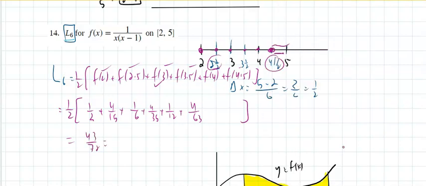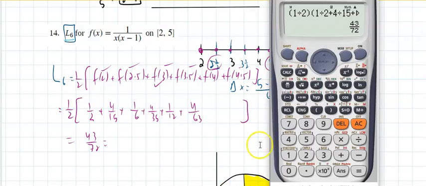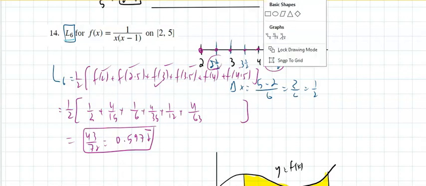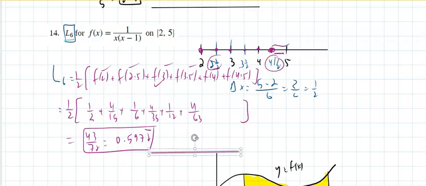Normally the answer in the back of the book is in terms of decimals, and in terms of decimals, that is 0.5972, 0.59722222. That's my approximation of the area using 6 subintervals.